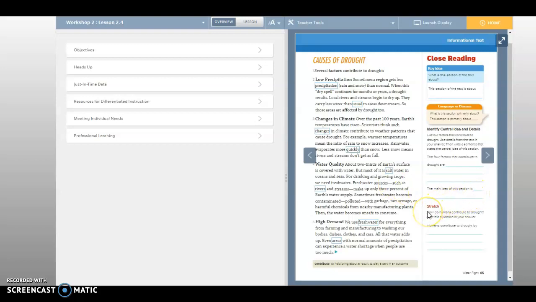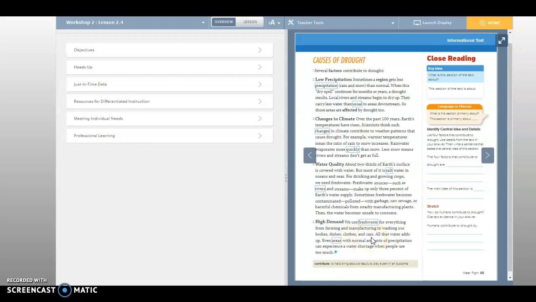Okay, then on the stretch section, how do humans contribute to drought? Cite text evidence in your answer. So how do humans contribute to drought? Okay, so it says right here, we use fresh water for everything from farming and manufacturing to washing our bodies, dishes, clothes, and cars, right?